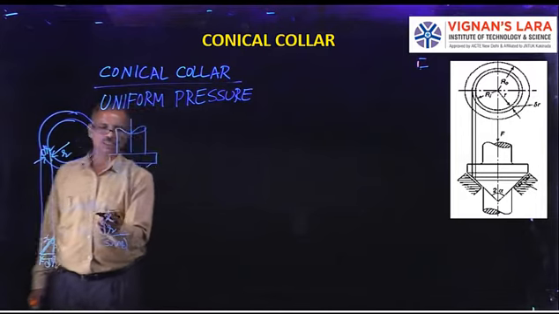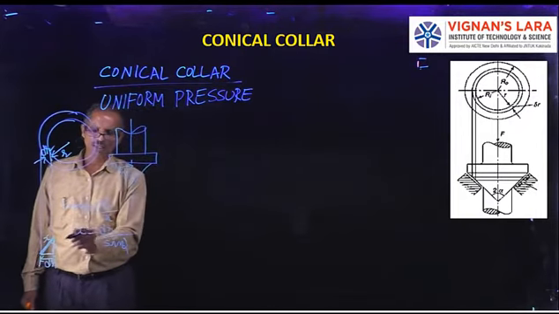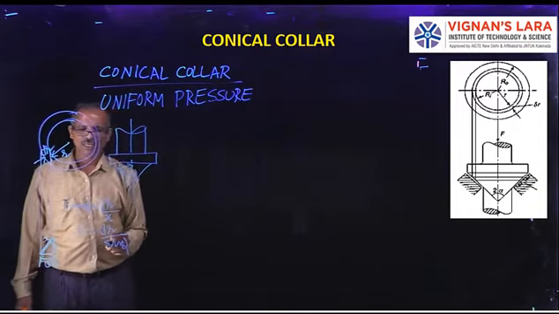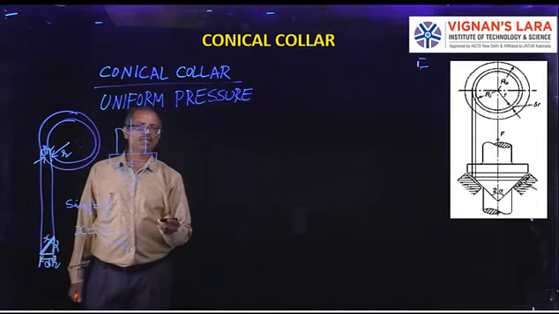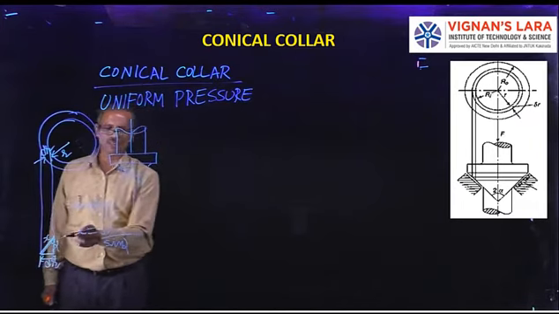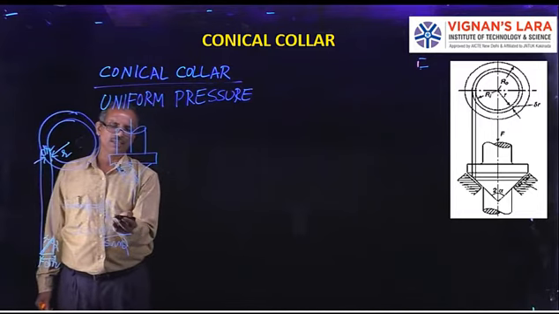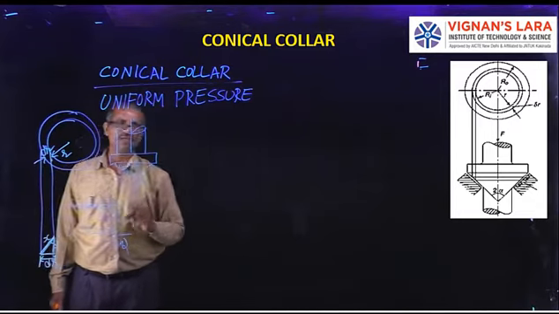From simple trigonometry, we can write sine alpha is dr by x. So where it is resting, actually it is resting on this surface of x. What is this x? You can rearrange it: x is equal to dr by sine alpha.